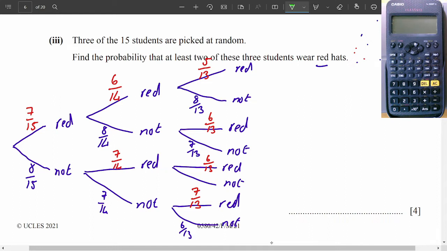So let's start from the top. If I pick a student with a red hat, and again with a red hat, and again with a red hat, that is at least 2 students with red hats. So that's something we want to do. So that and that and that has to happen. So this is the AND rule, which means we're going to have to multiply those values together.